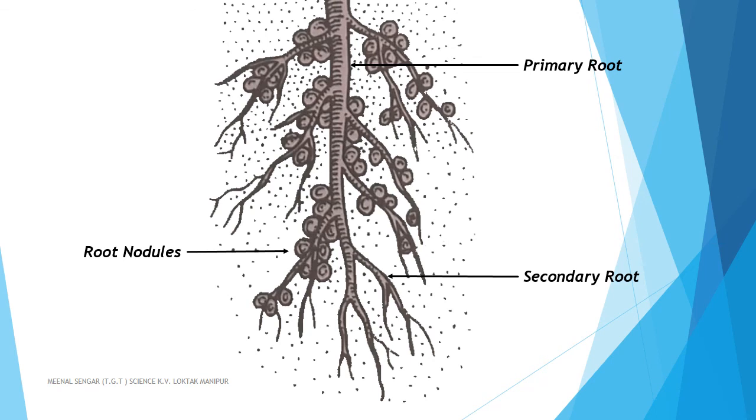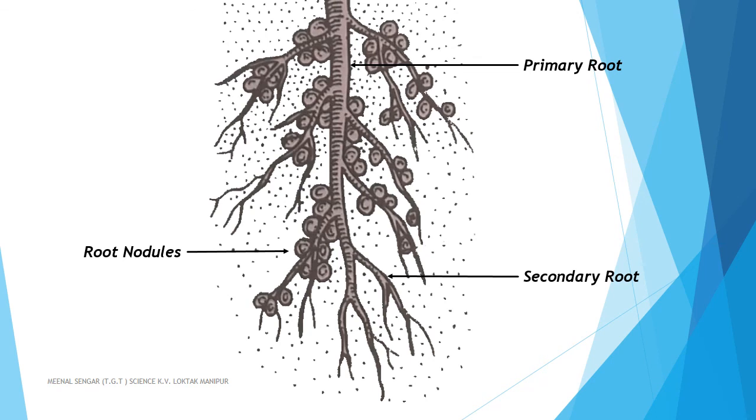In these root nodules bacteria live, and the bacteria which commonly live in the root nodule are known as rhizobium bacteria. Since leguminous plants do not have the capability to convert atmospheric nitrogen into nitrates, to fulfill their need of nitrogen they depend on the rhizobium bacteria, and rhizobium bacteria convert atmospheric nitrogen into nitrate and provide it to the plant.